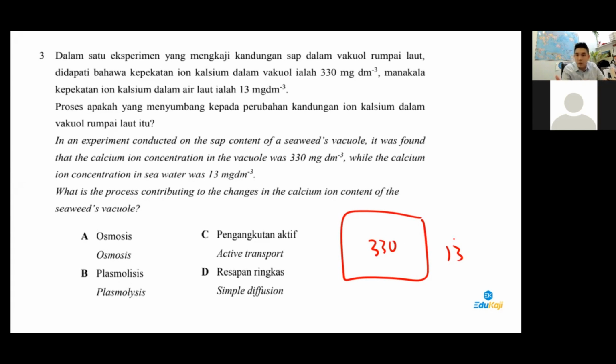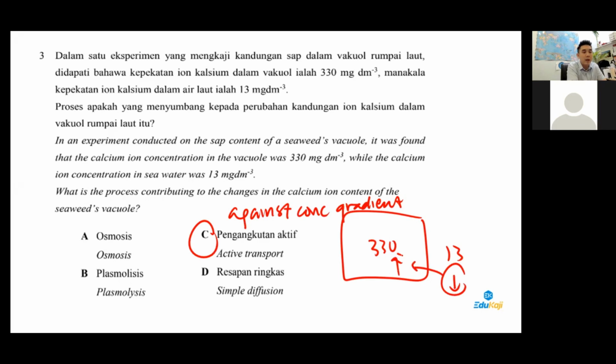There's only one reason for this, guys. They ask you why the outside concentration is always lower than inside: because of active transport. You can write against concentration gradient. They always move from somewhere of low concentration to somewhere of higher concentration.